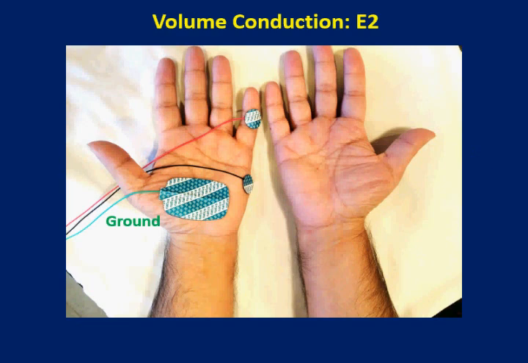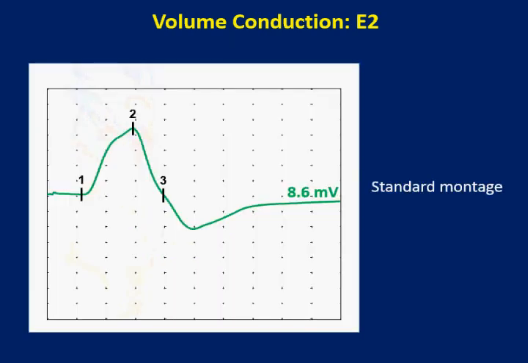We recorded the compound muscle action potential with ulnar nerve stimulation at the wrist. The E1 electrode is on the muscle belly, and the E2 is placed distally over the small finger. The CMAP shows a typical waveform with a small plateau just before the negative peak.